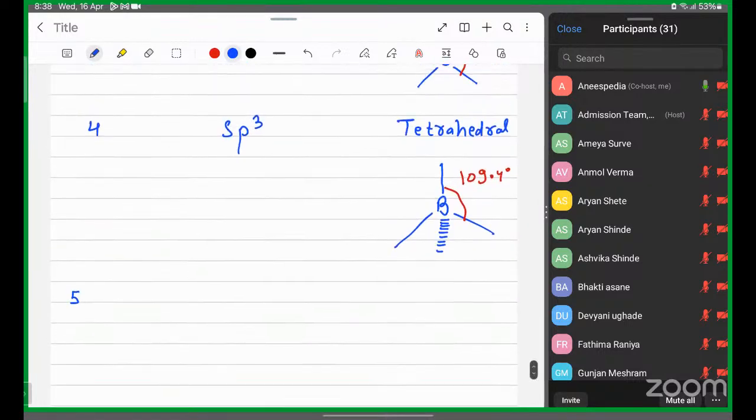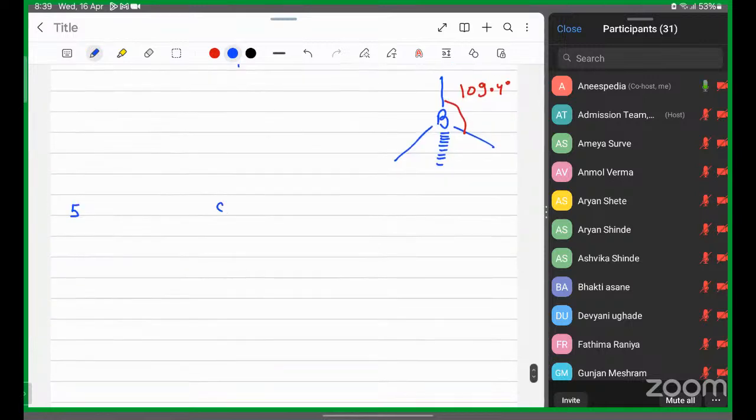Next we have steric number 5. In case of steric number 5, hybridization will be sp3d. What will be geometry in sp3d? Yes, anyone? Yes, geometry in case of sp3d will be trigonal bipyramidal.